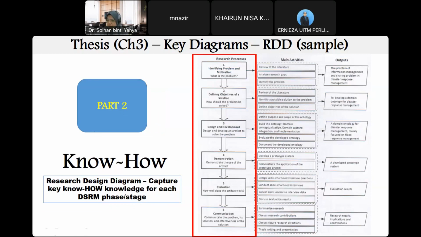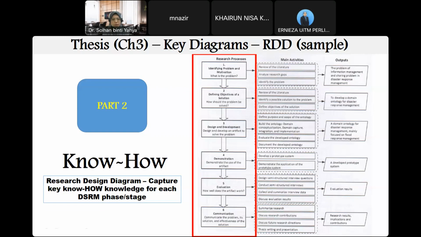This is from my student's thesis, the know-how diagram in the red circle. This is based on Peffers, and then they have main activities and then what the output is. Right? This is the RSD research design diagram. I don't have a very rigid template. The template is not given by me.